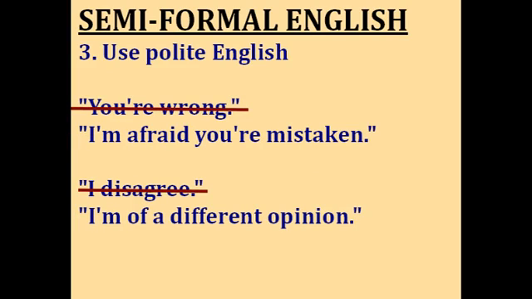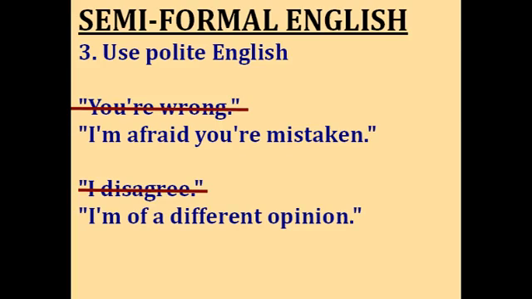Another element of politeness in English is that we usually try to avoid saying negative things too directly. So, for example, instead of just saying something like, you're wrong, that sounds very accusatory, like you're saying the other person is stupid. A better way to phrase it is, I'm afraid you're mistaken, or I'm not sure that's correct, or something like that.